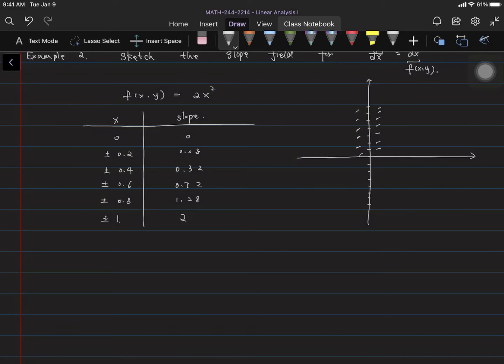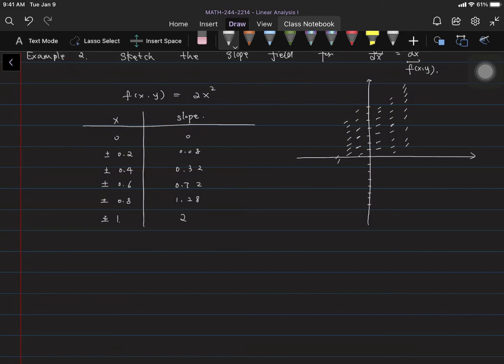Same slope. And then they start to increase the slope, 0.32. A little bit like that. This should be parallel. Because it's small, it's kind of hard to see. And then 0.8 turns a little bit larger, like a larger slope.